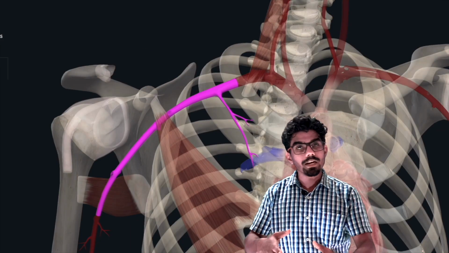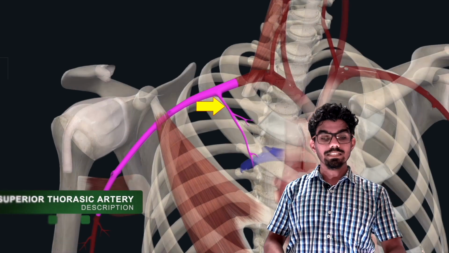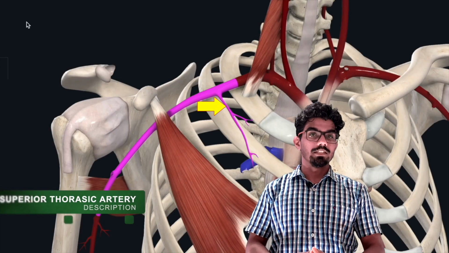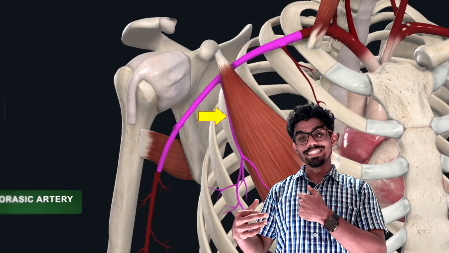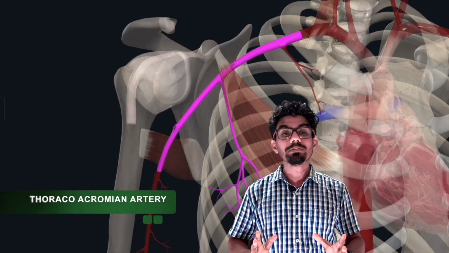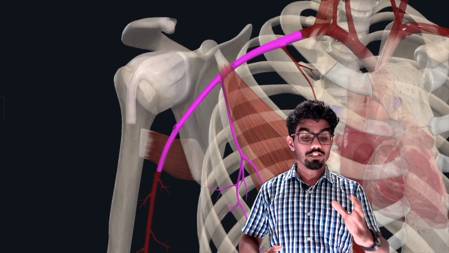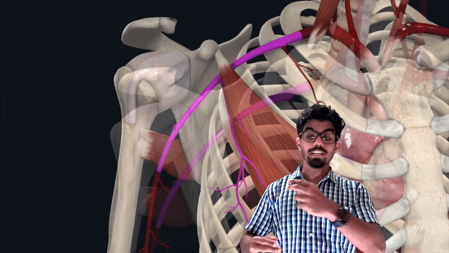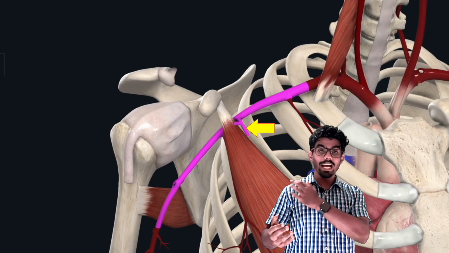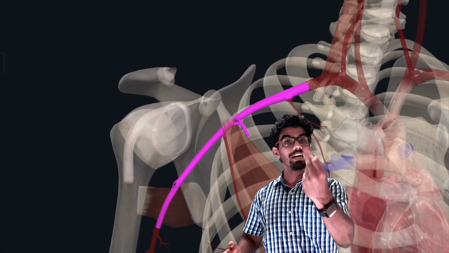Now, the first part of the axillary artery gives a single branch called the superior thoracic artery. The second part gives the lateral thoracic artery and the thoracoacromial artery. Okay, so the first part gives the superior thoracic artery, the second part gives the lateral thoracic and the thoracoacromial artery, and the third part gives three branches.